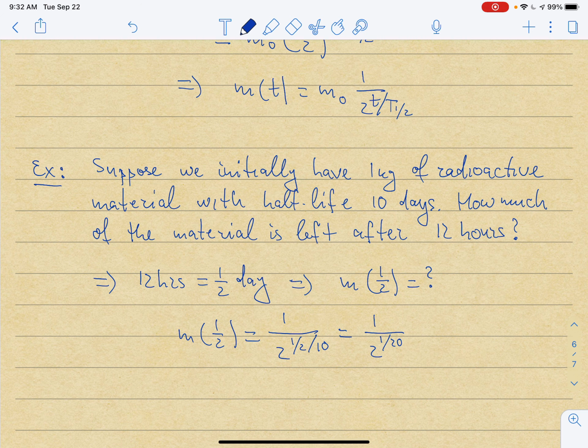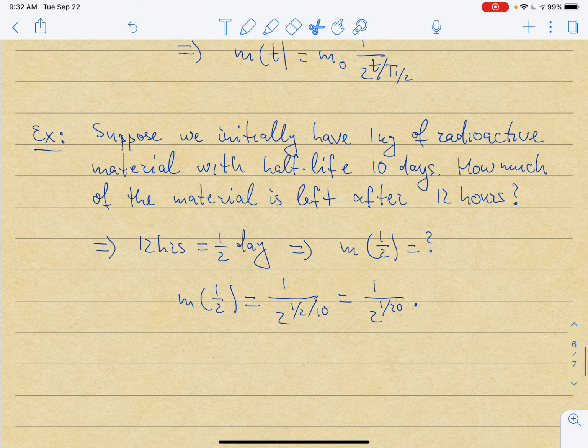And so 2 to the power 1 over 20, the 20th root of 2, actually is very close to 1. So what we get is that we, roughly speaking, have still the same amount of material as in the beginning. But the exact amount is this 1 over 2 to the power 1/20. So this problem actually is very simple because you use the second formula and that's it.